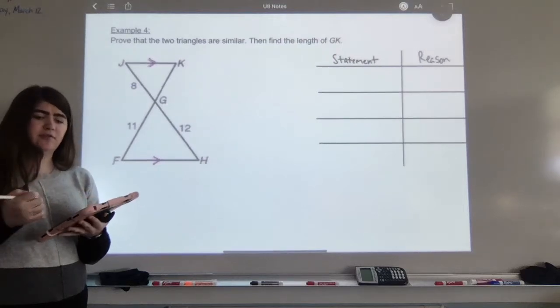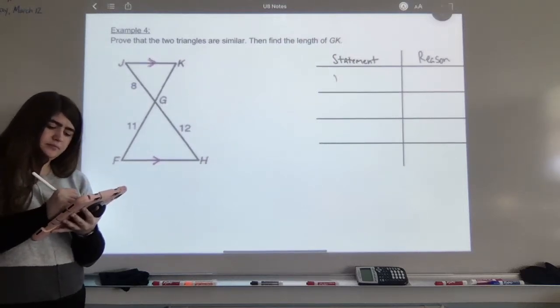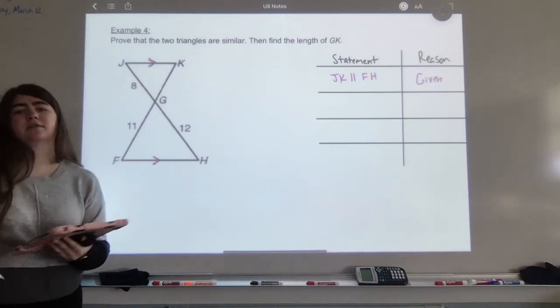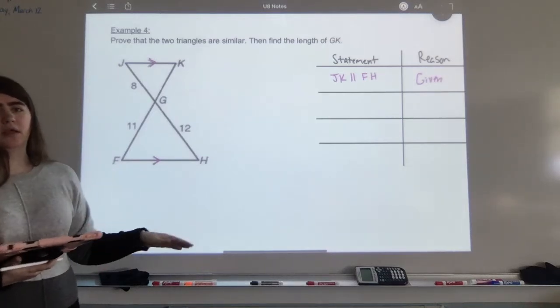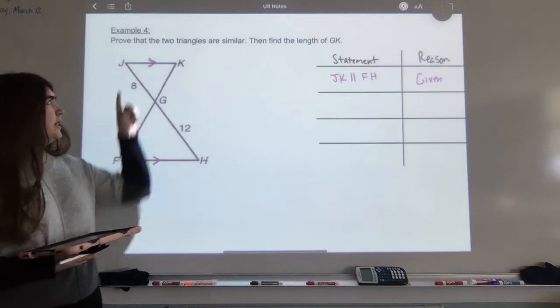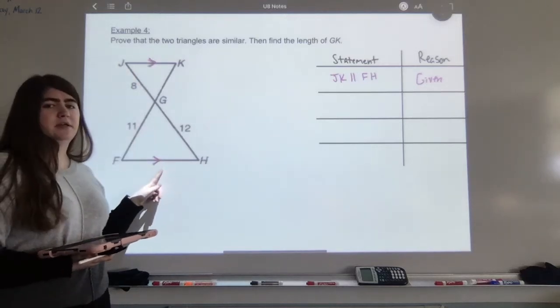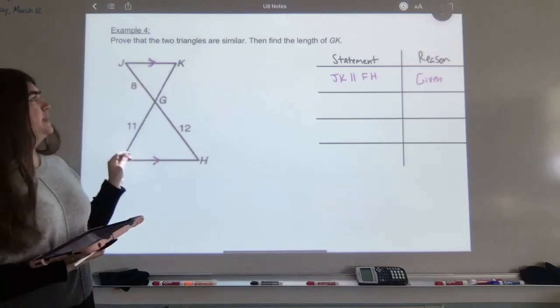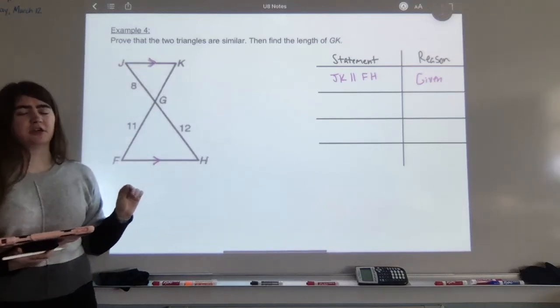So that's my given information here: JK is parallel to FH, and that is given. The markings are what give it to us. All right. Since I have parallel lines cut by a transversal, that means I have alternate interior angles.